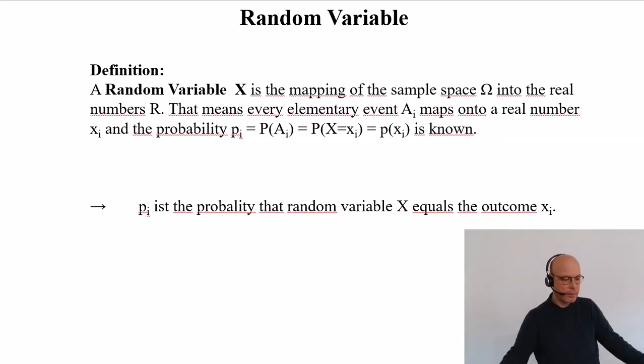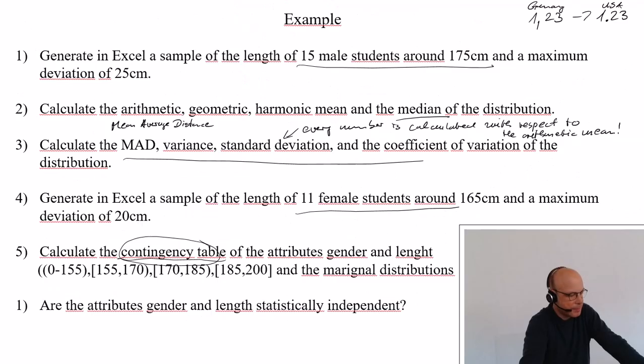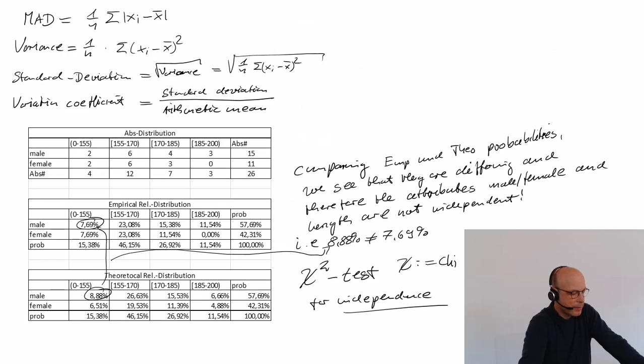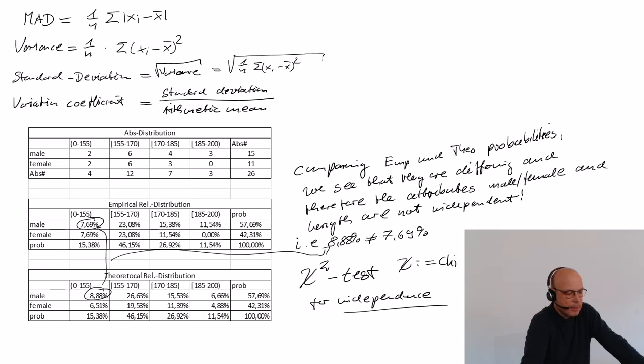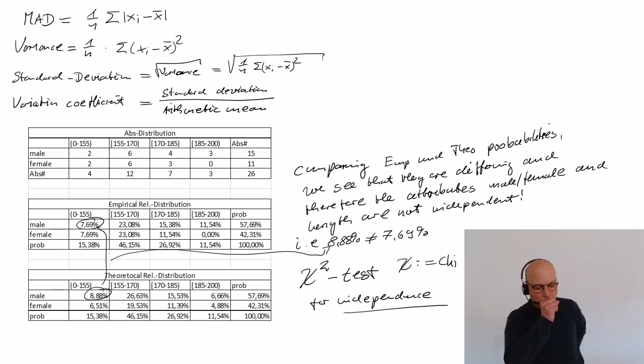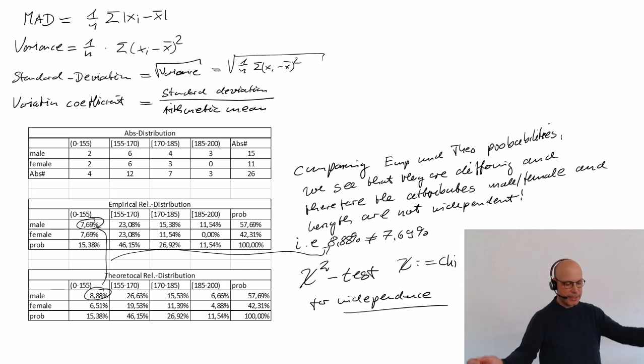So, hello everybody to the statistics lecture, and today, after we have already analyzed in a descriptive way some data we have created, so that we calculated the measures for averaging our data, calculating different means, and then also calculating some measures which are measuring the dispersion, and in the end we calculated also the so-called contingency table.